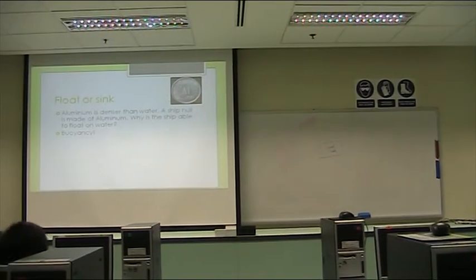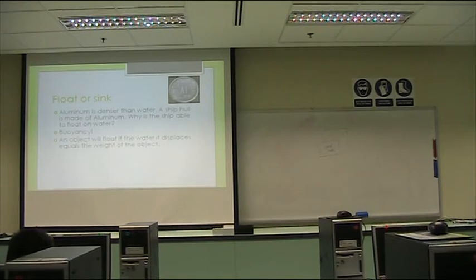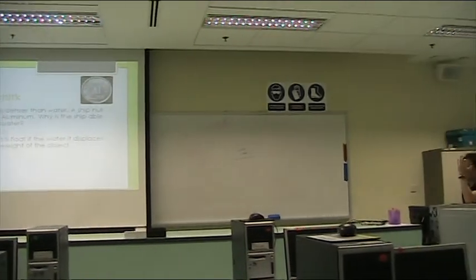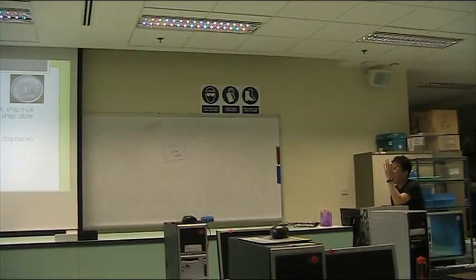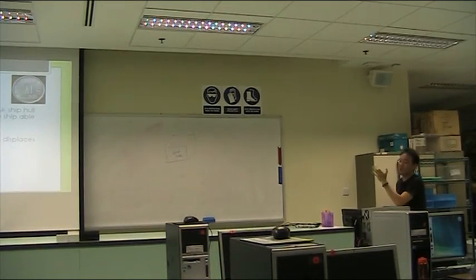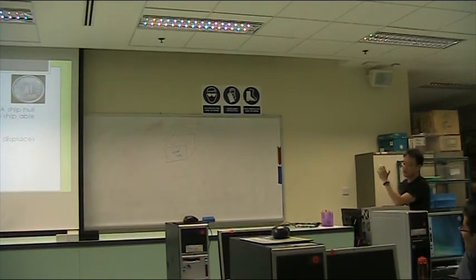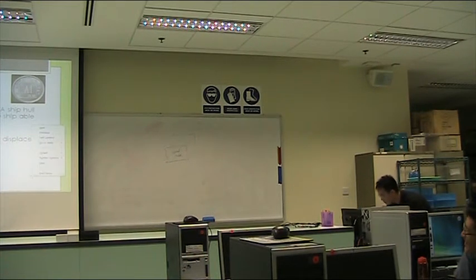The ship hull is shaped in such a way that it can displace an amount of water that is equal to the weight of the ship. Do you all get what I mean? No? Okay, never mind. I'll illustrate this with the simulation just now.